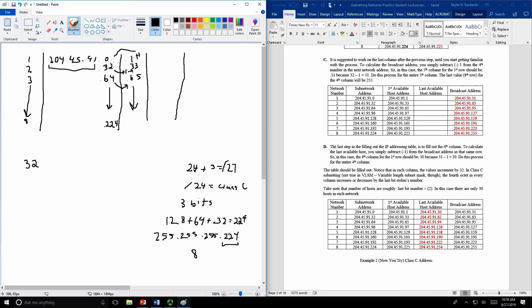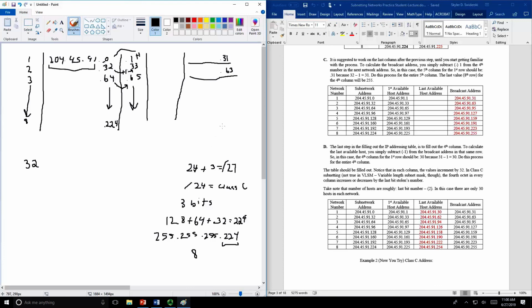So if we're trying to figure out the broadcast address for the first network, we go to the second network address here and subtract 1. So this would be .31, the fourth number here. And the next one after that would be .63, because again we subtracted 1 from the next one.